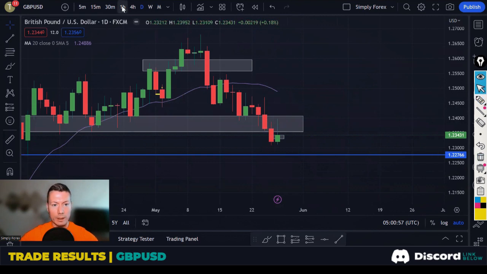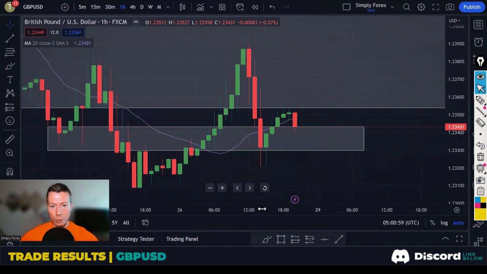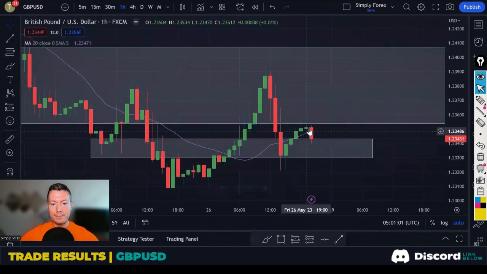So let's look at the H1 to see what happened in more detail. Price came up, guys, and tested this level, and we got this bearish reaction. This red candle, I don't like. Why don't I like it? Because of this wick.